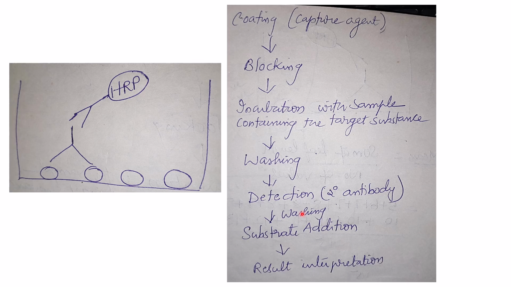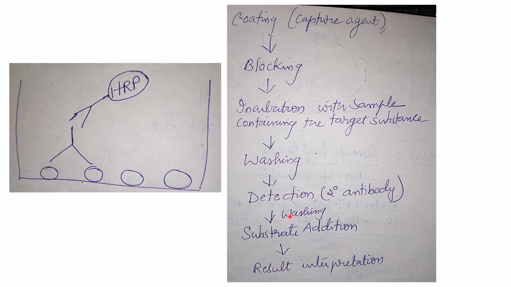And when you try to detect after adding substrate, you get more coloration in some wells. In some wells there will be less coloration, like that difference can happen. So if you get more coloration, that means you have not done the washing at this stage after addition of the secondary antibody.